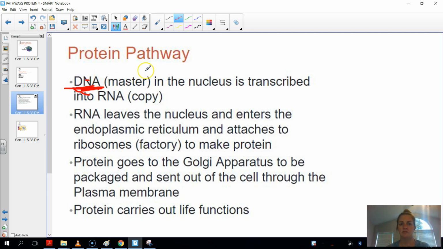It actually has to be transcribed, okay? So that means that whatever message is in the DNA, it has to be transcribed like into another language. So if you are in Spanish right now, or French or German, and let's say the word cat is English, to transcribe cat into that language is what we're doing here, but with DNA, okay?